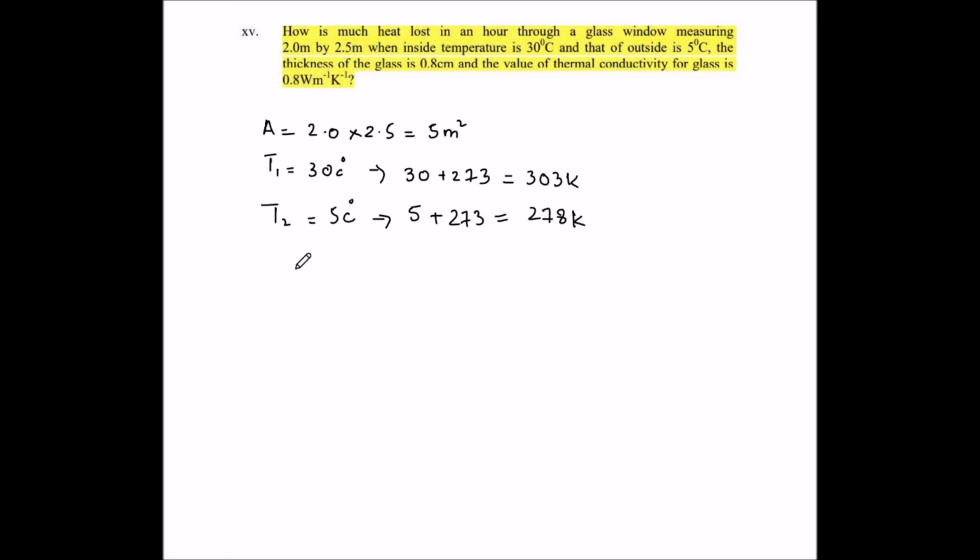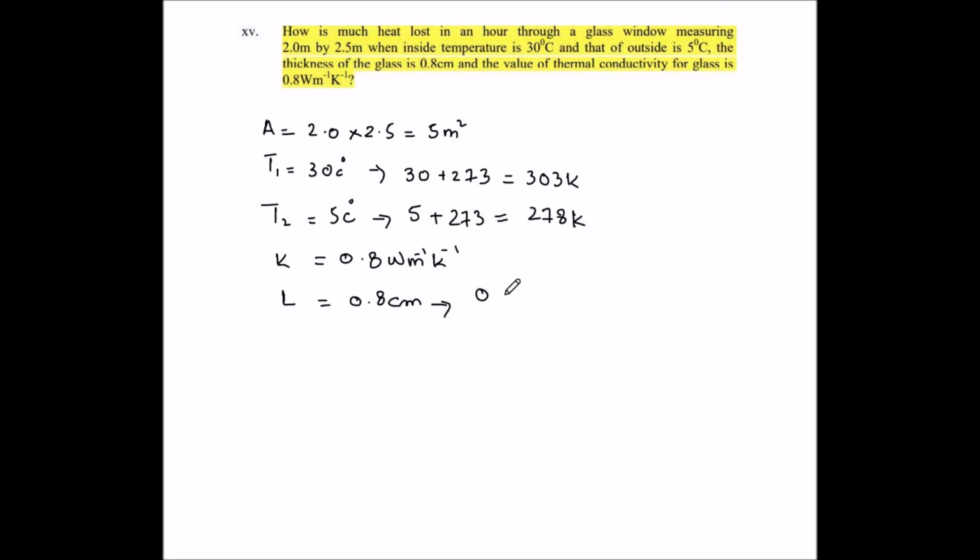Then you have a constant K, thermal conductivity, and it is given 0.8 W m^-1 K^-1. The thickness is given, L is 0.8 centimeter. Look at this thickness in centimeter, change it to meter, because we need an SI unit.